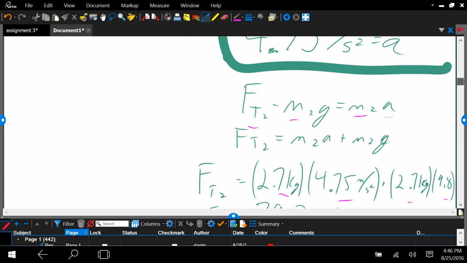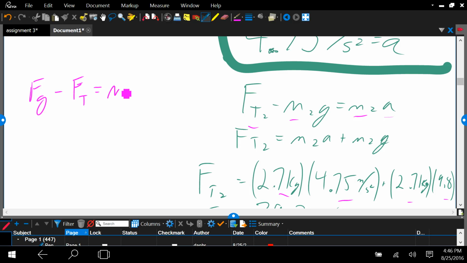For the one on the left, if we remember, there were two forces, and the force of gravity was the bigger one. All right, and the force of tension I'll make negative because that was the force that was opposing it. Gravity was in the direction of acceleration, which I'm calling positive for this problem.